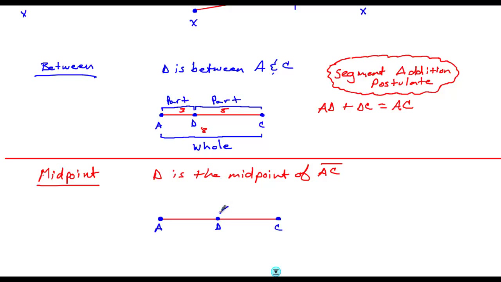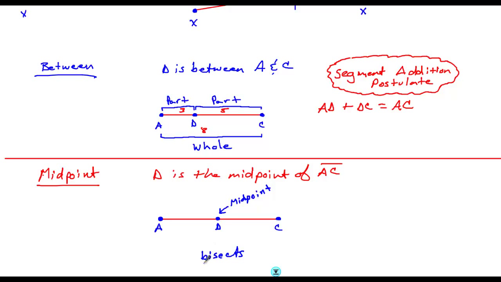is called the midpoint. Midpoint is another sink or swim, pass or fail kind of concept. You have to get this, and you have to get it quick. The midpoint is exactly halfway between A and C. And because of that, the midpoint does something to segment AC. It bisects it.